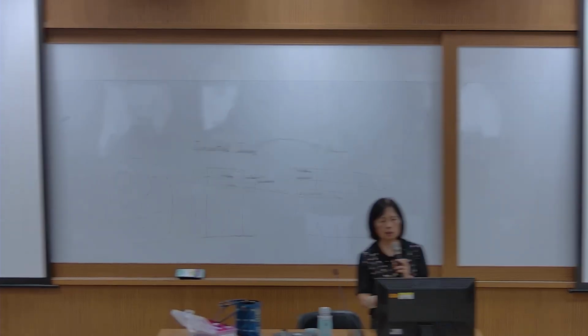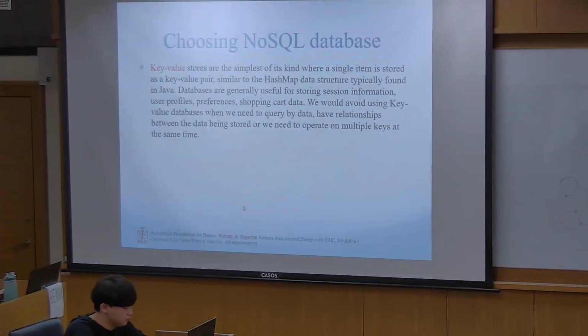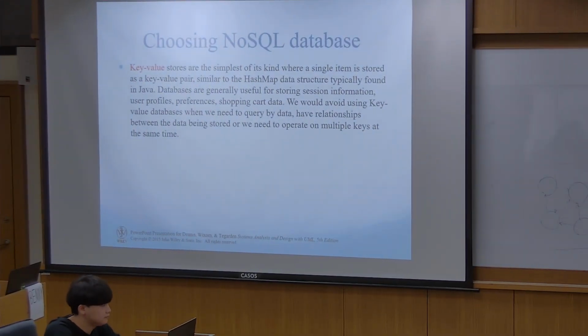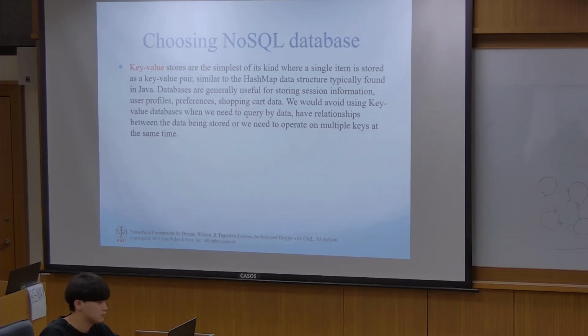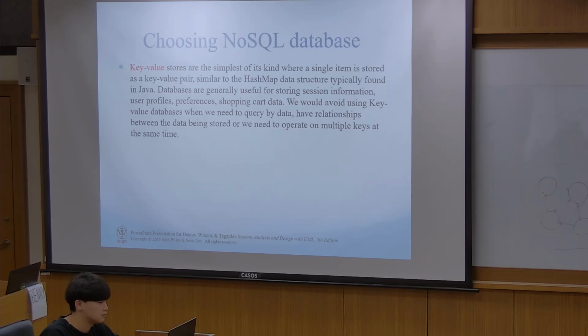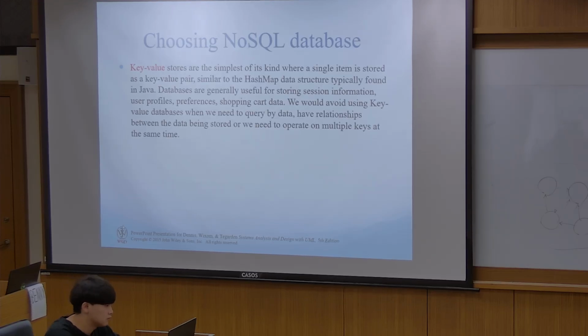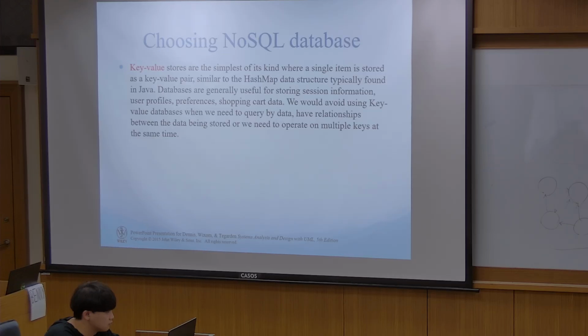All right. And then when we select a type of database, all right, key value, you should know it. It's the simplest and becomes the base of the others. Right. So the key value pair. If you know a hash map, then you should know the concept of key value.